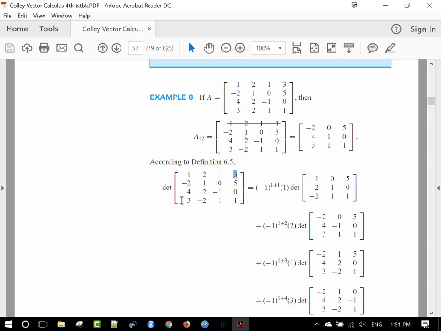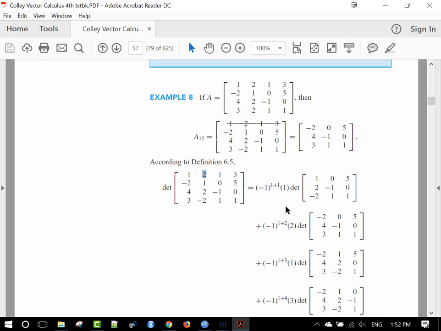Okay? So the determinant of this is going to be related to the determinant of these four submatrices. And the way it's going to be related is we're going to take this submatrix, multiplied by this item here, this was the A11 item, times that.